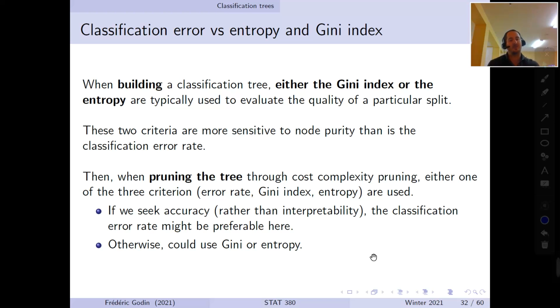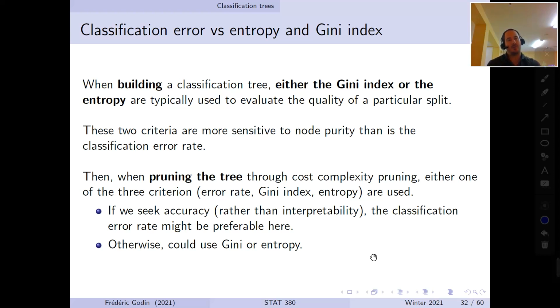So using entropy or the Gini index tends to lead to decision trees for which the nodes are much more homogeneous. And this is desirable in terms of interpretation. If we have very homogeneous nodes, then the results of the decision tree can be very well interpreted, and this can be very accurate, also because you have a high certainty in your predictions.